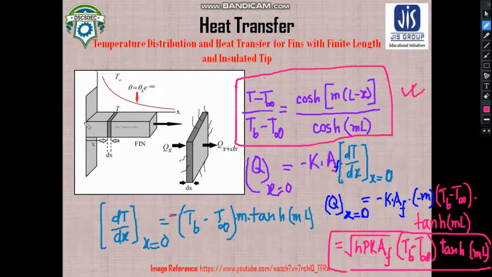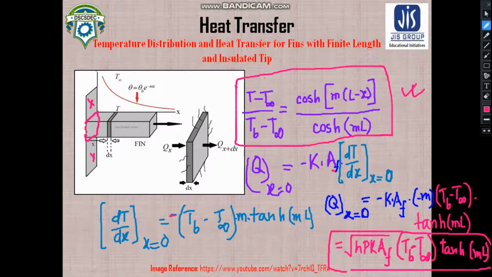This base area should be removed from the total, so that you get the area which is unfinned, that means no fin is attached to that area. Then you just apply the laws of convection so that you can find the heat transfer rate. That is as simple as it is.